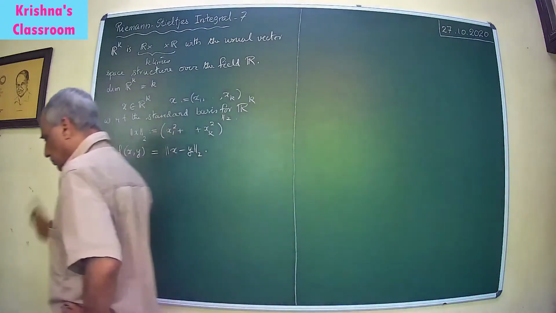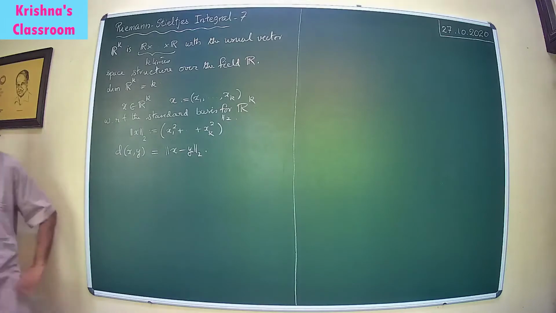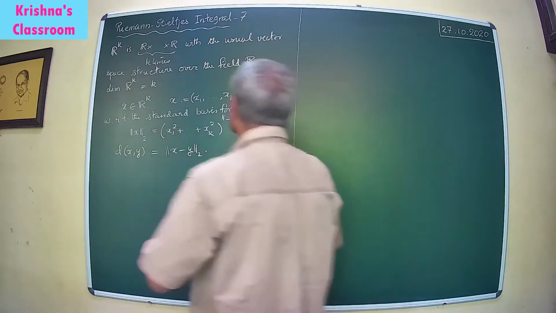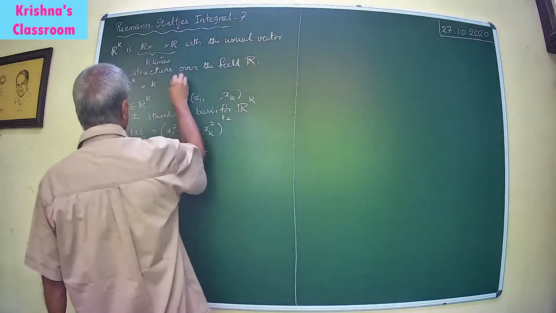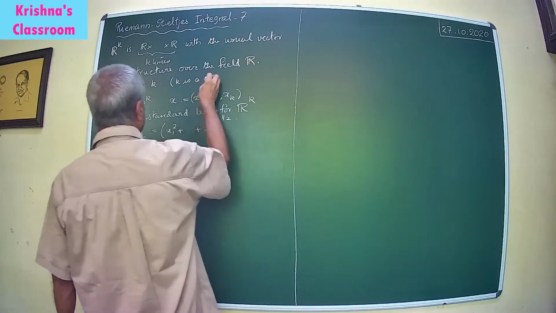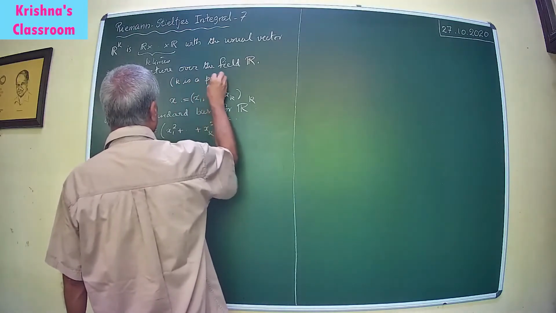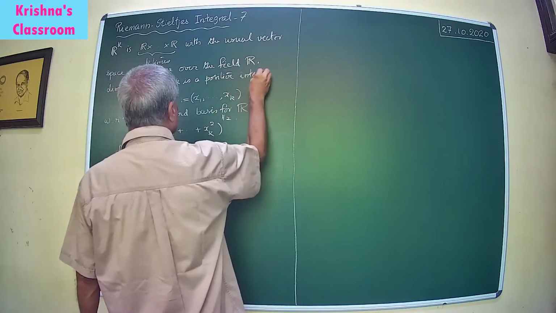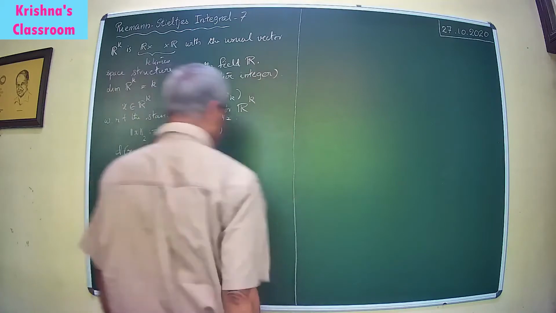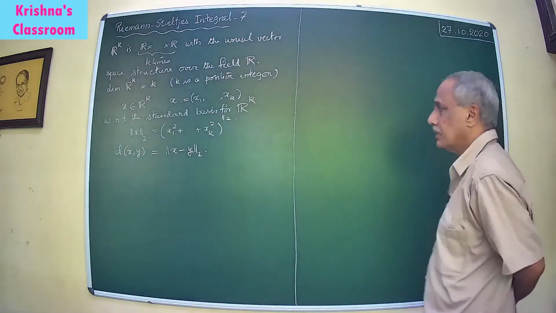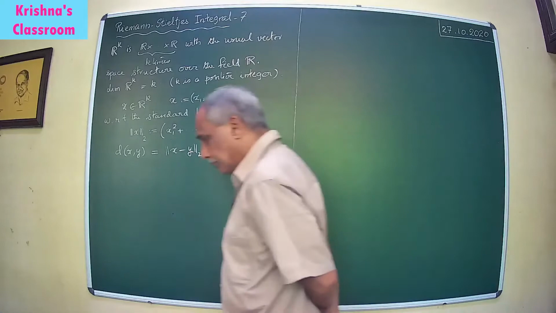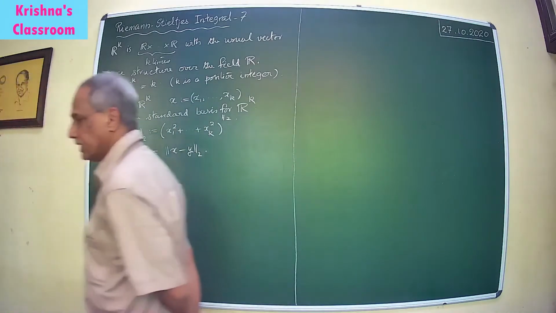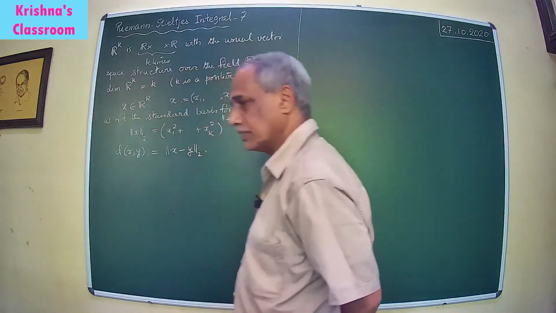We have been all the time working in R, that is k equal to 1. Of course, k is a positive integer. Here I'll write Rk is a finite dimensional vector space, and therefore it's a metric space with the usual metric.